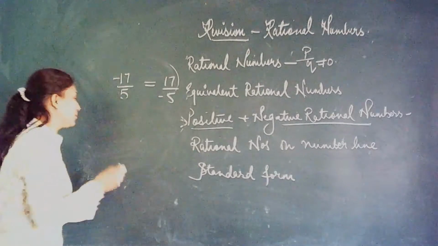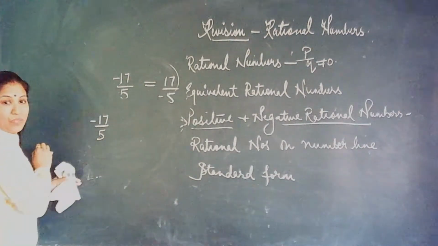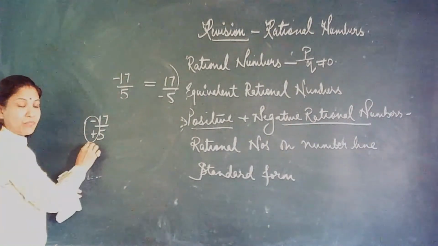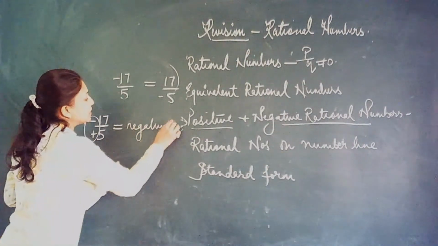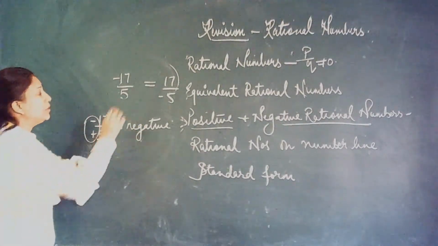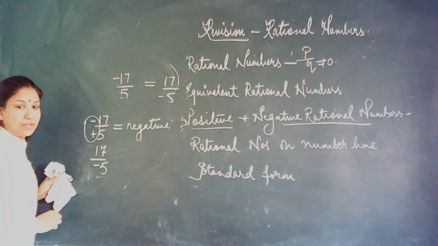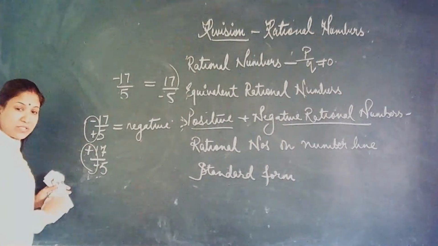How come? See, when I say minus 17 upon 5, that means they have a difference in sign. When they have a difference in sign, it means it is a negative rational number. Same case for 17 upon minus 5. Here you have a plus sign in the numerator, so again they have a difference in sign.